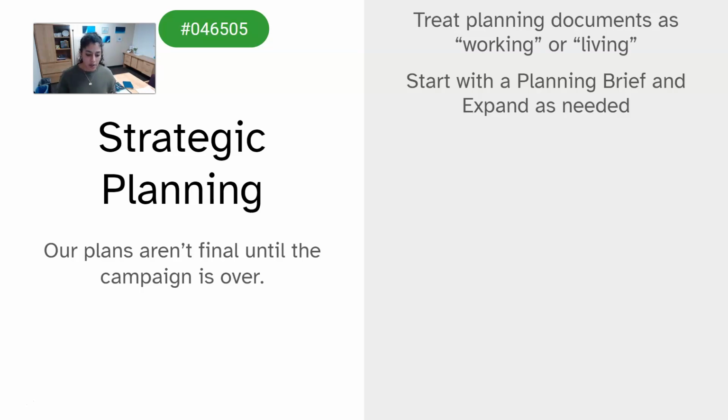I've always found it helpful to start with something like the planning brief that you've downloaded. Sometimes I even just write it down on my yellow legal pad in my office, even if I can just write it down quickly that way and then convert it into a full written document and plan. That helps me work efficiently and think through some of these questions.